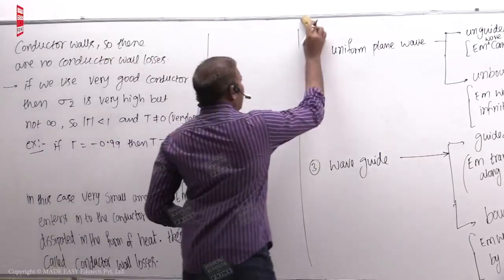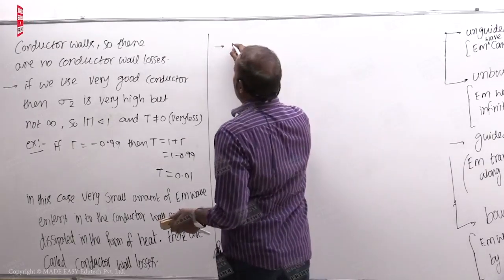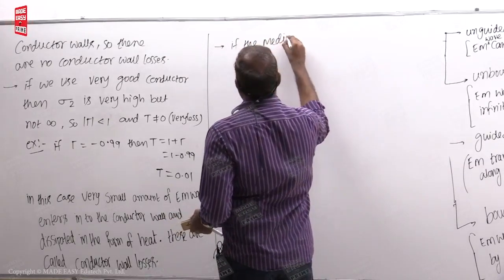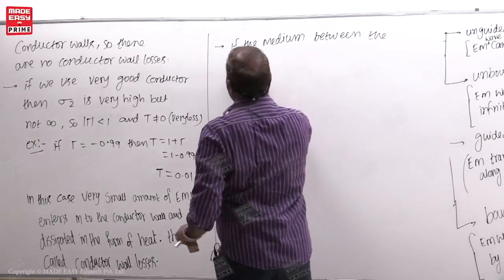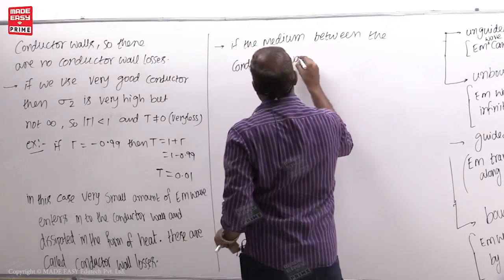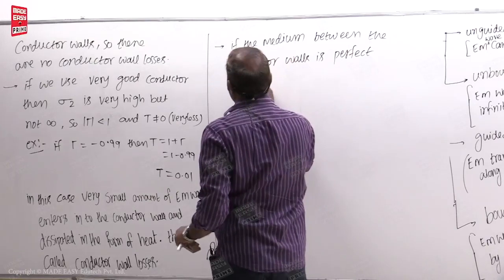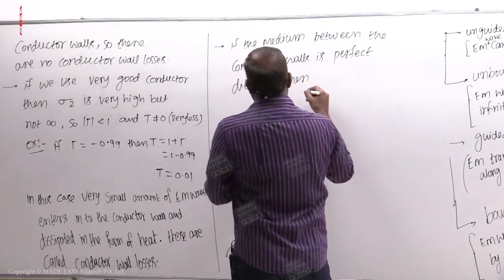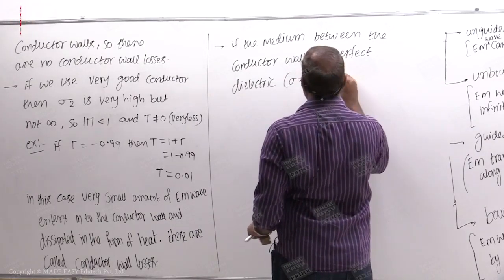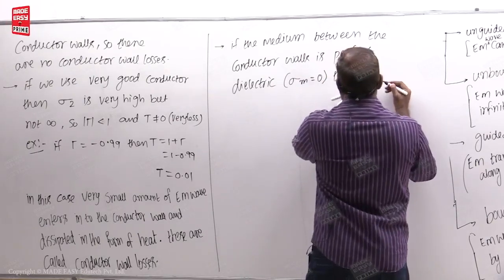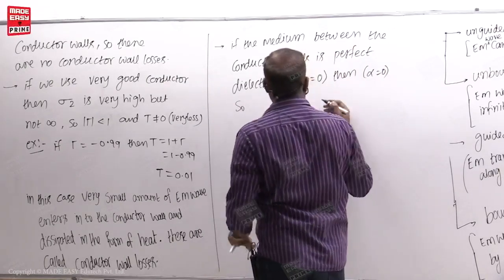So if the medium between the conductor walls is a perfect dielectric, that means sigma of the medium is equal to 0, then alpha is 0.